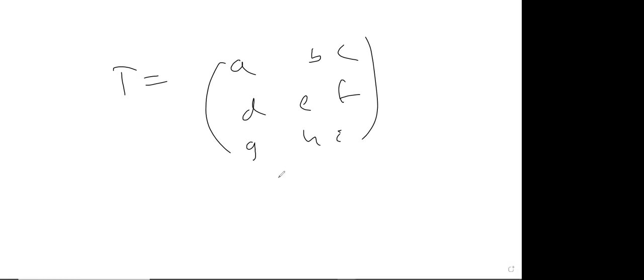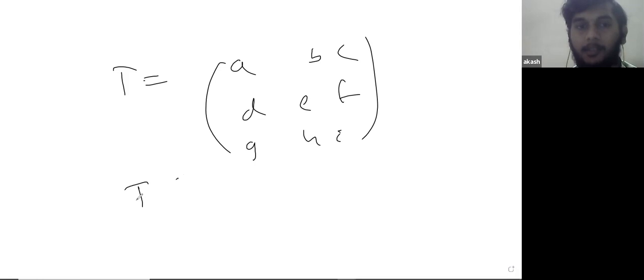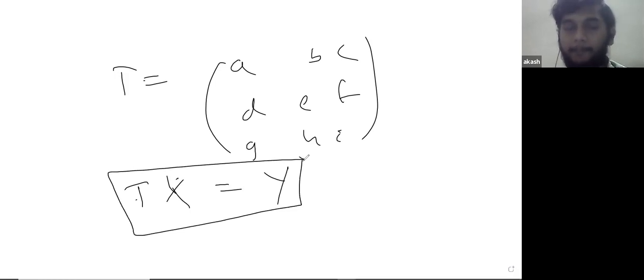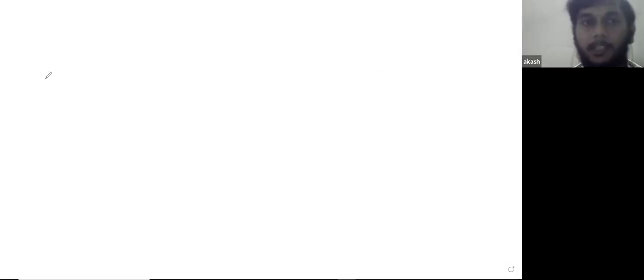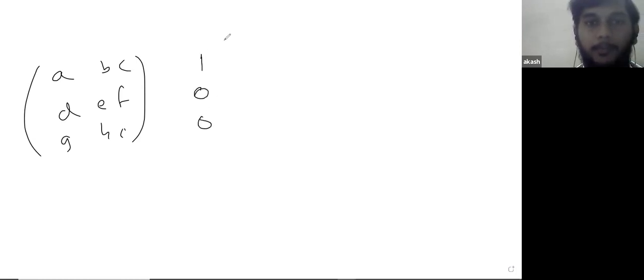Okay. Suppose the transformation matrix is this. So now we know the equation is like this. The transformation matrix times the point you have to change equals the changed point, right? So here the transformation matrix is A, B, C, D. And the first point we have to change was 1, 0, 0, right?